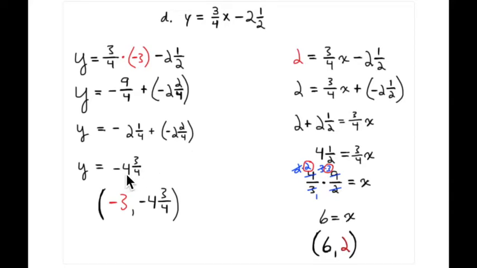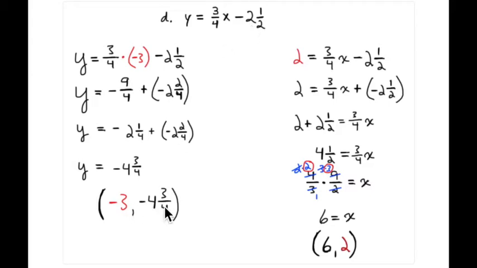So this is a negative 4 3/4. You just have to practice working with these fractions to get this to make sense to you. So the x-coordinate is negative 3. The y-coordinate is a negative 4 3/4. And remember that this point is on the graph of this equation, a line that is the graph of this equation.